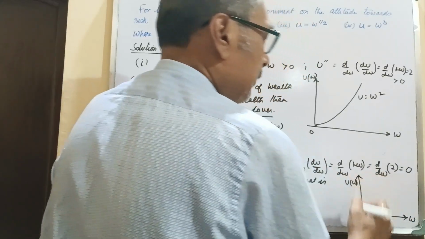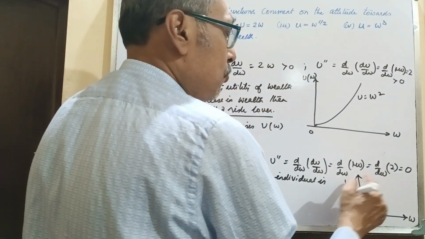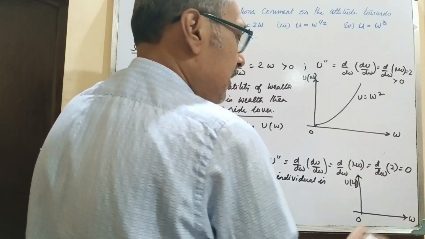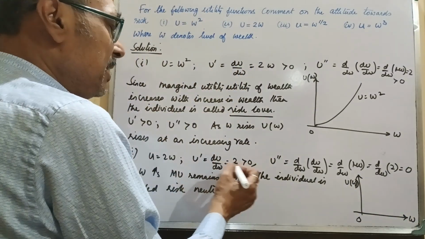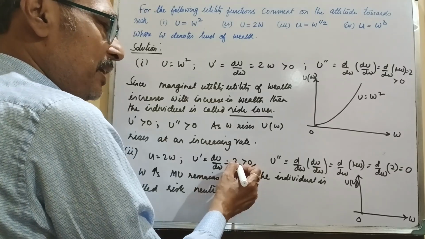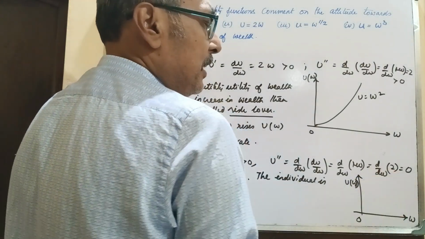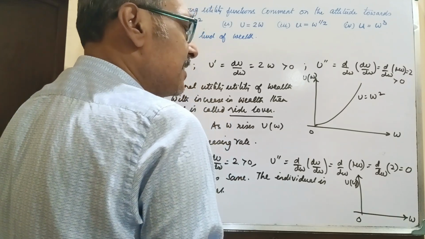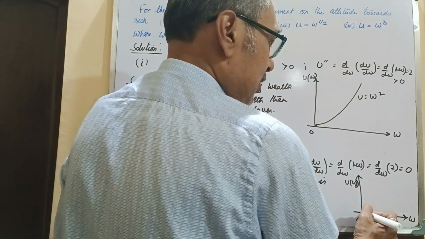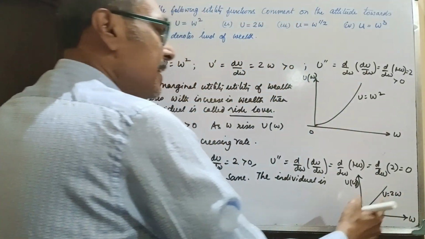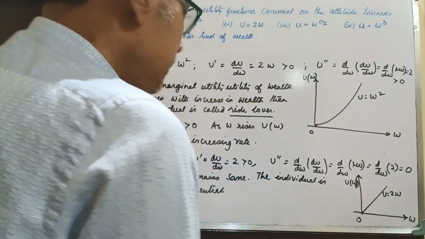On the vertical axis we are measuring u of w, and on the horizontal axis we are measuring w. U prime is positive, therefore the slope is upward sloping, and the second order derivative is constant. That means it is a straight line passing through the origin. This one, u equals 2w. This is the utility curve.